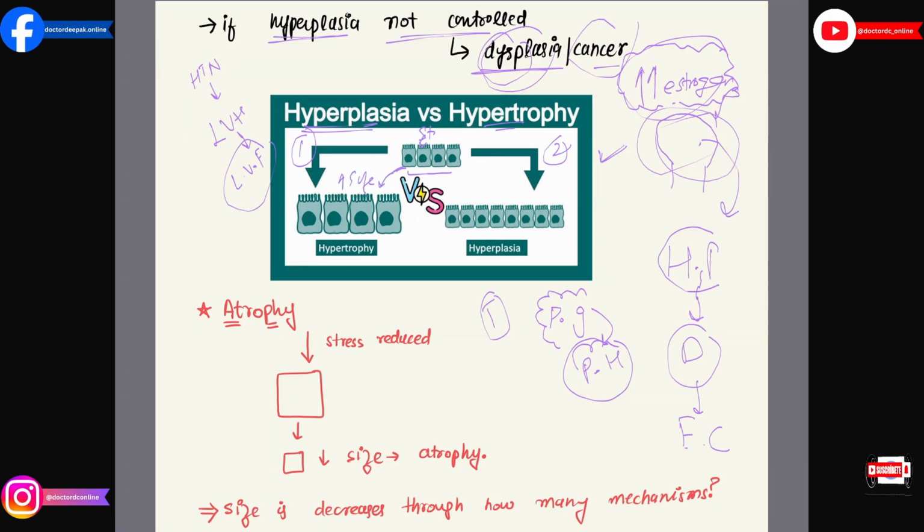When the size increases, it is called hypertrophy. On the right side, you can see the size is the same, not increased, but the number of cells is increased. This is called hyperplasia. So these are the simple terms, hypertrophy and hyperplasia, with examples. I hope you understand this.